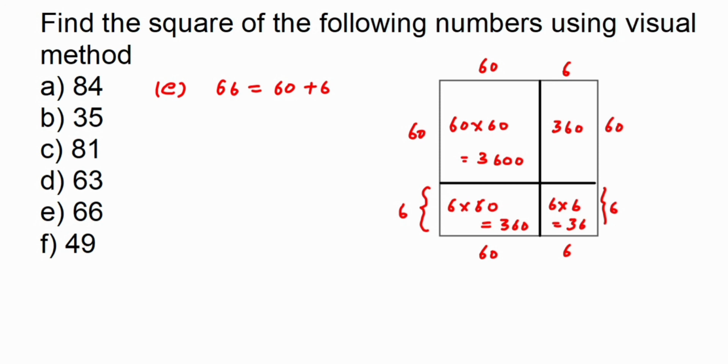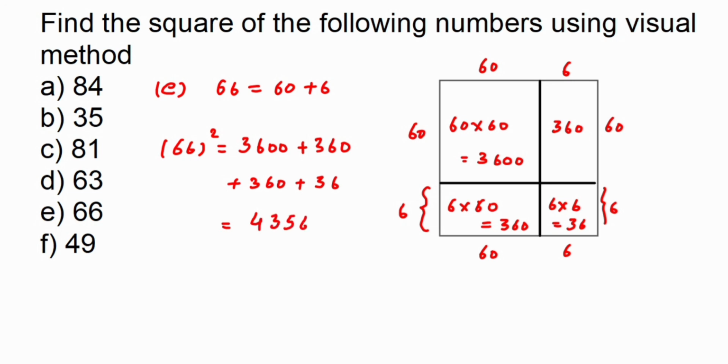So 66 square will be equal to 3600 plus 360 plus 360, and lastly we have 36. Once we add it, we get the answer 4356, and this is 66 square.